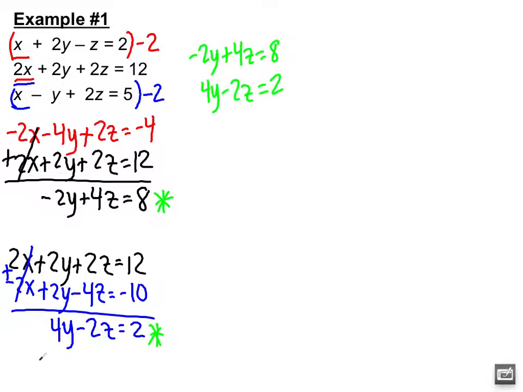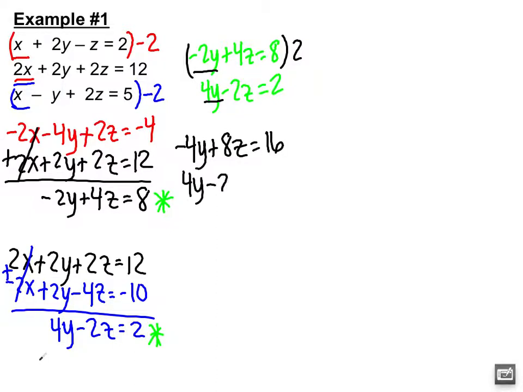Now, I need to do elimination again. I can eliminate the y's or the z's. I'm going to choose y. If you multiply the first equation by 2, we have -4y and +4y. My first equation becomes -4y, add 8z is equal to 16. Rewriting my second equation.